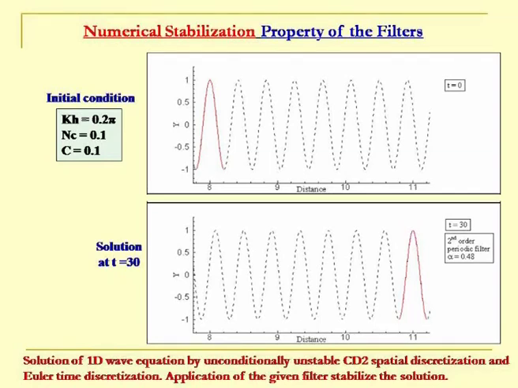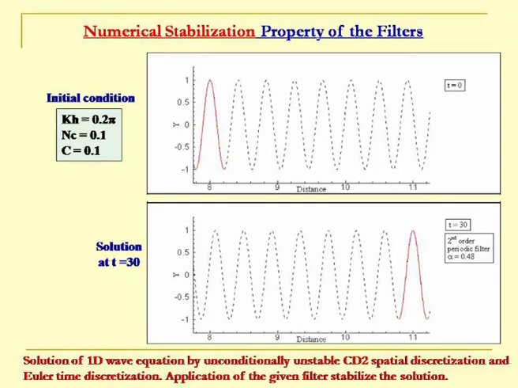But what we do is we apply a second order periodic filter, and for this combination of kh equal to 0.2 pi, if you choose delta t in such a way that Nc is 0.1 for this value of c equal to 0.1, this choice of filter coefficient of 0.48 would make your method neutrally stable.